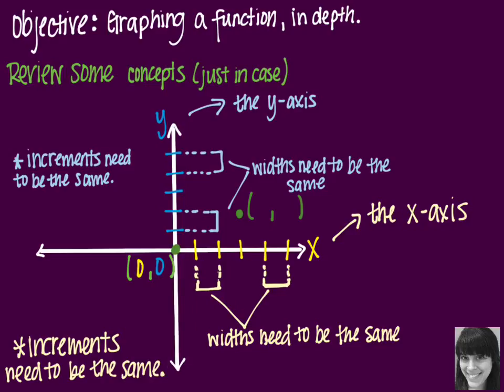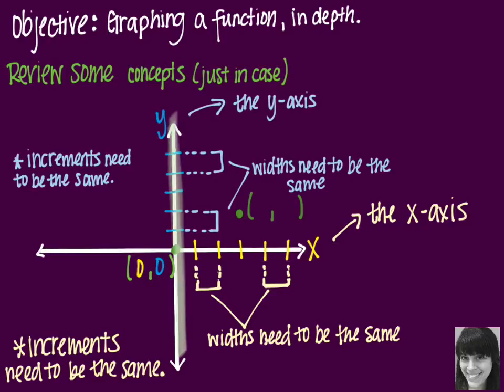Now, something that gets confusing sometimes is knowing how to make your marks. Your marks need to be the same width throughout all of your graph, okay? So your x's need to be the same width apart.